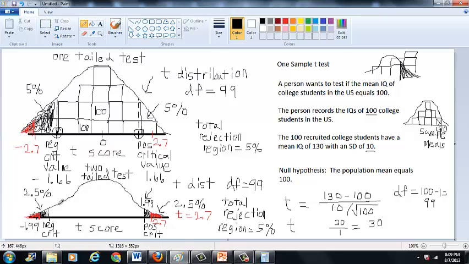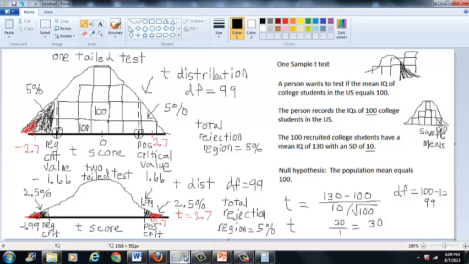So you add both ends of the curve together to get your p-value. In a one-tailed test, your p-value is at one end beyond your t-score. In a two-tailed test, it's at both ends. It's the total of both of these areas.